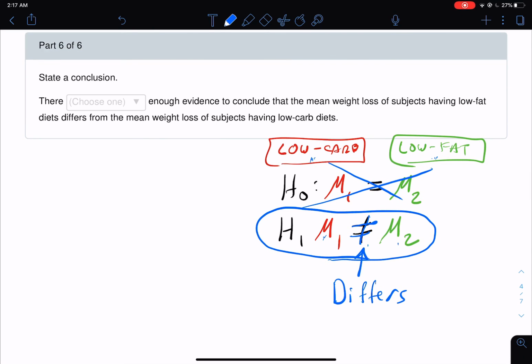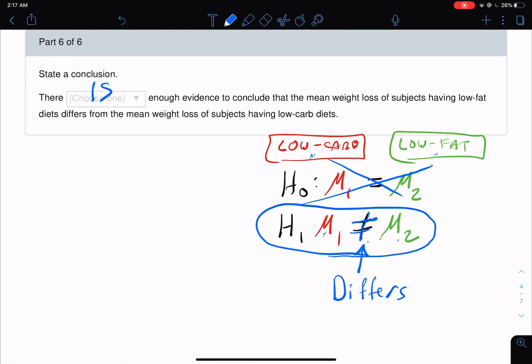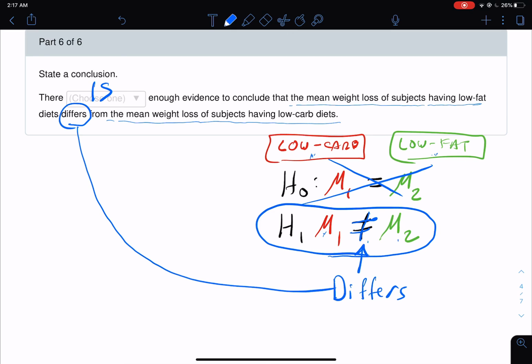Now we're going to say there is enough evidence to conclude that the mean weight loss of the subjects having the low fat diet, there's the word right there, differs from the mean weight loss of the subjects having the low carb diet. So with this particular one where it's just pull down, it's just is or is not. It's not as difficult, but coming up with all the language sometimes is a little bit of a pain.